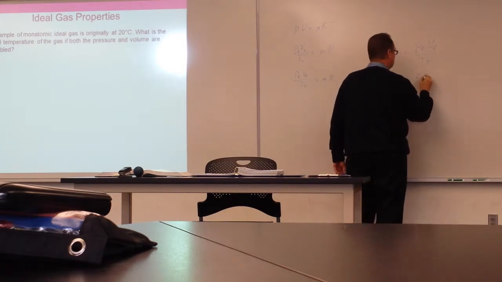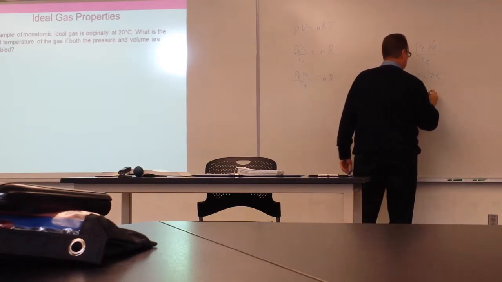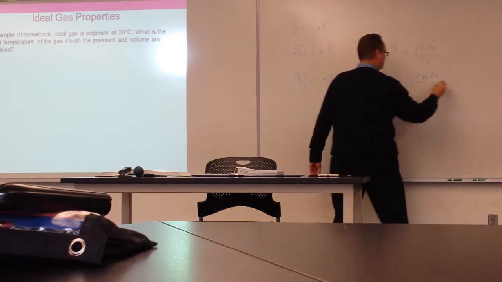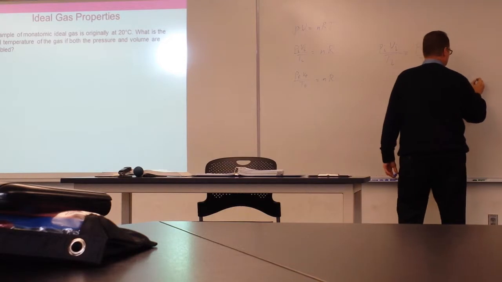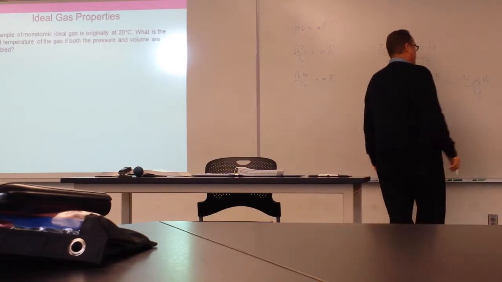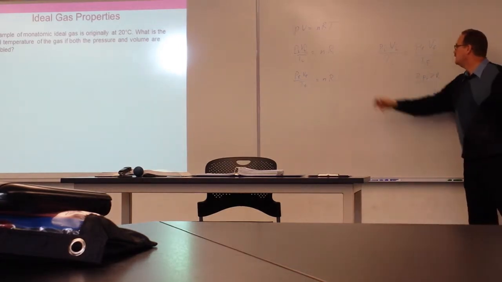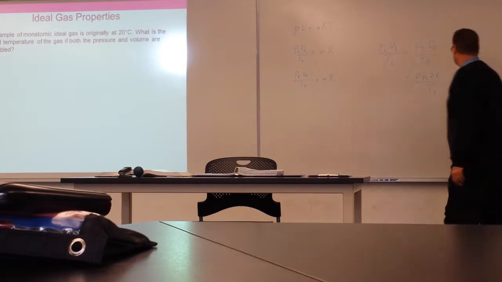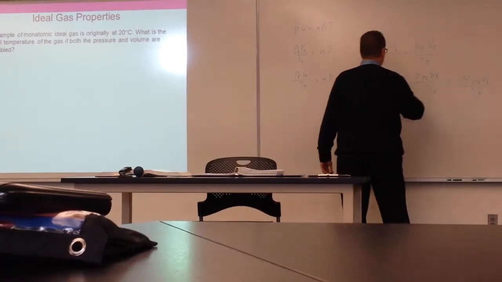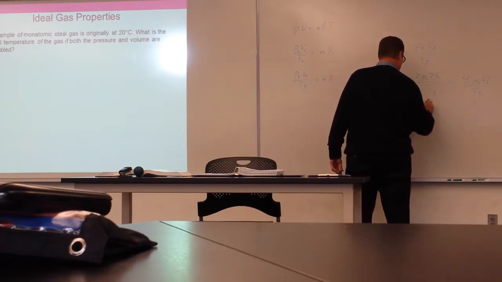So this becomes 2 Pi 2 Vi over Tf, or 4 Pi Vi over Tf. And of course then I've got Pi Vi on this side, Pi Vi on that side, so they go away. Multiplying both sides by Tf, I'm left with Tf over Ti equals 4.